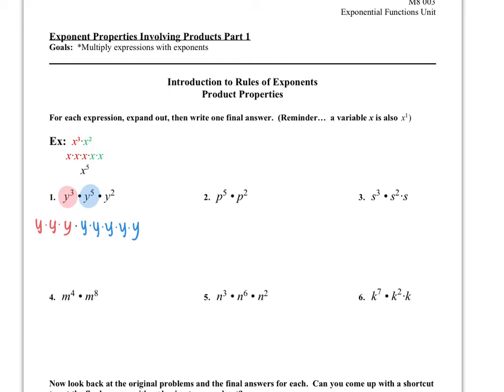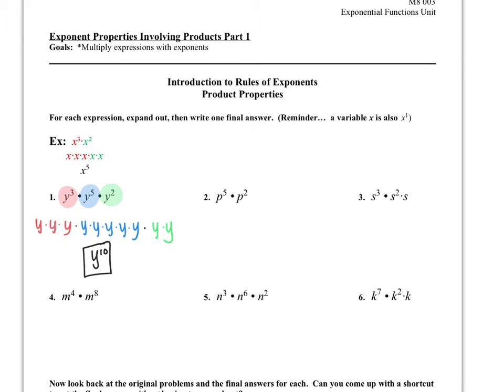Then I'm multiplying this by y to the second, which would mean I'm multiplying y by itself twice. By writing it in expanded form, I've expanded my accordion and stretched it as far as that would go. Now what I can see is that I have y multiplying itself repeatedly 10 total times. So if I compress my accordion back in, that would be a final answer of y to the 10th.